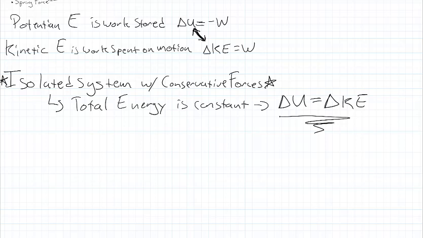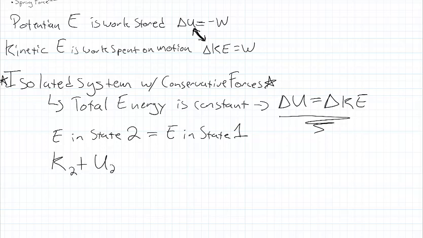So thinking about the context of a ball being thrown into the air, we can talk about the total energy in the system when the ball is all the way up at its maximum height versus the total energy in our system right before the ball hits my hand as it's falling. And so we can talk about an energy in state 2, which is equal to some energy in state 1, right?